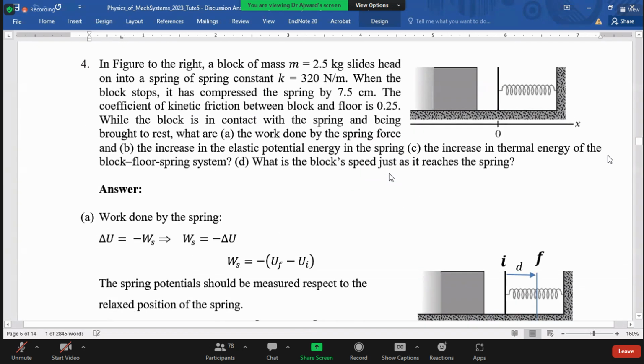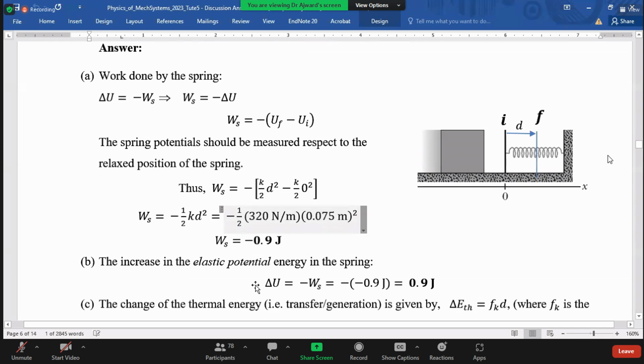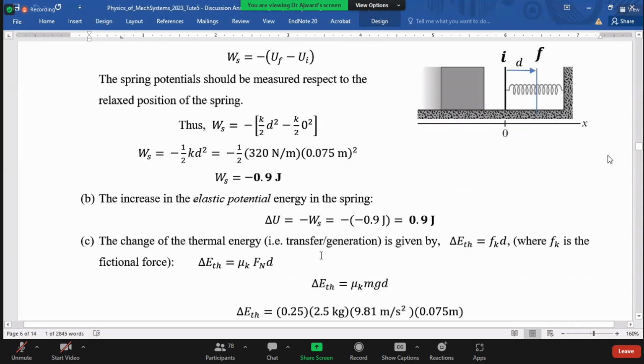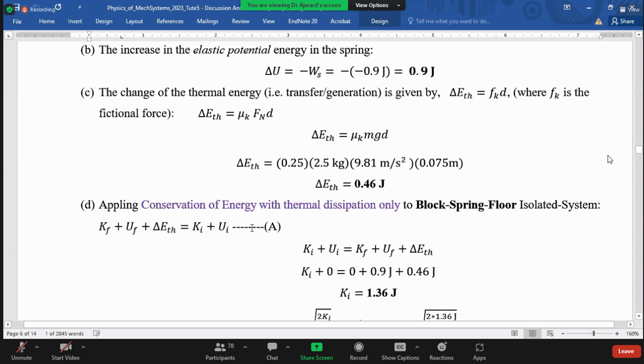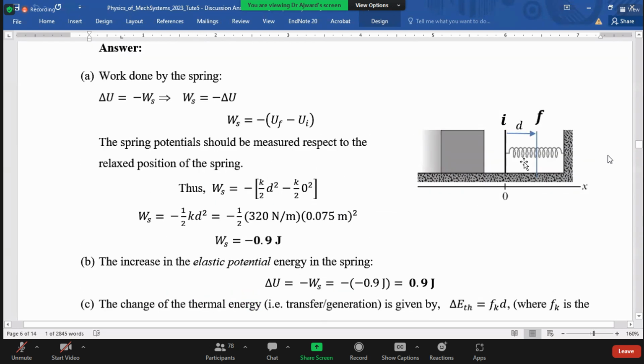And problem number 4 is the horizontal version of that. Horizontal, so the only difference is when answering most of the parts, you don't have to split the potential into gravitational and the spring potential, because here you can ignore the gravitational potential.